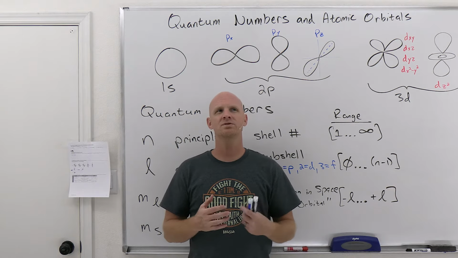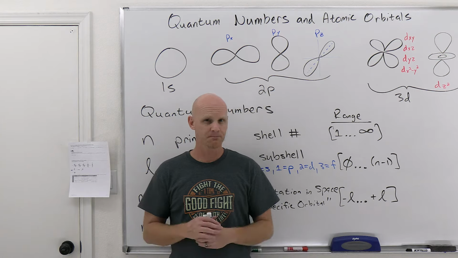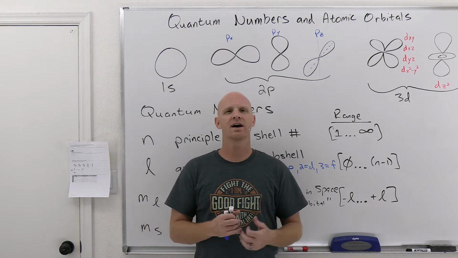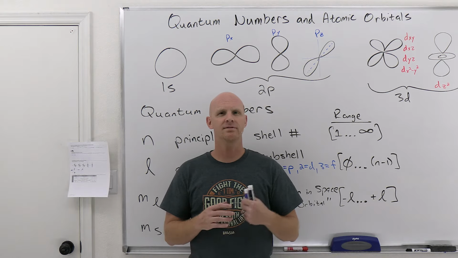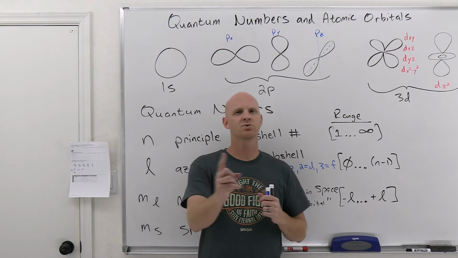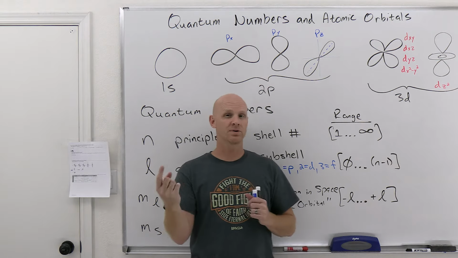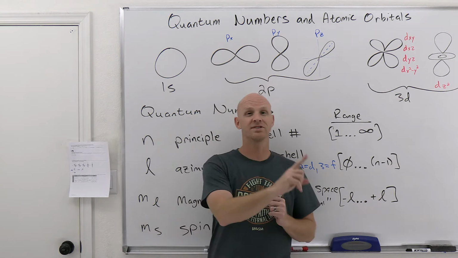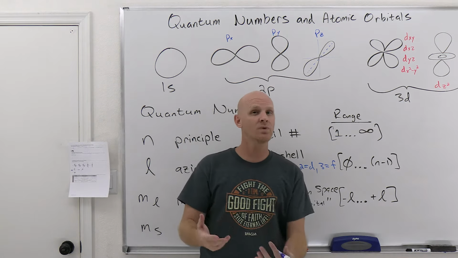Now, it turns out that something with spin can interact with a magnetic field when it's moving. And usually we attribute that to charged particles in a weird way. And the idea is that if an electron was rotating around the nucleus in one direction, it would have a magnetic field associated with it. And if it was going around the nucleus in the opposite direction, it would actually have a magnetic field associated with it in the opposite direction.